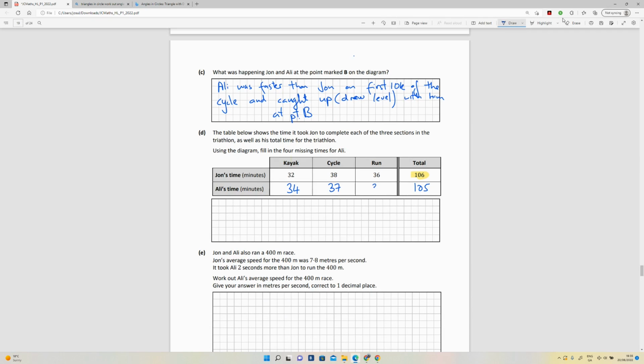So this should be 34, because he was 2 minutes faster than John on the run as well. So if I add those together, it should come to 1:05. So 3:30s is 90. 4 and 7 is 11, and 5, 15, plus 90 is 105. So there are your answers for that one.